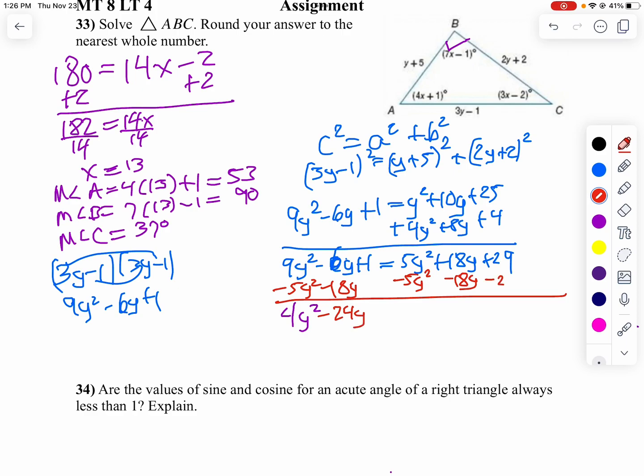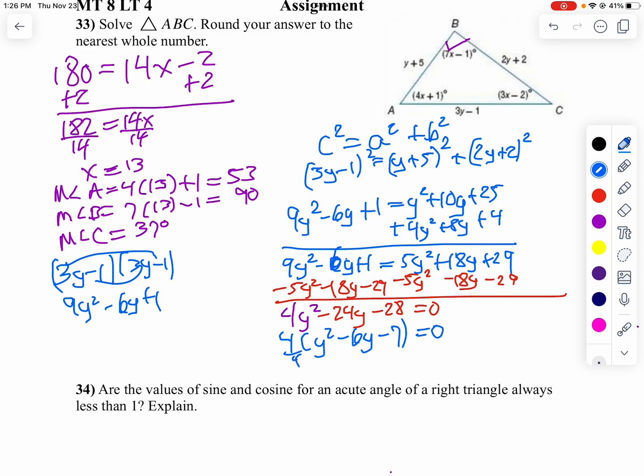I'll minus 29, I'll get minus 28 equals 0. Now notice I can factor a 4 out of everything, so I think I'll do that right away. So 4y squared minus 6y minus 7. I don't really care about the 4 because it doesn't equal 0.